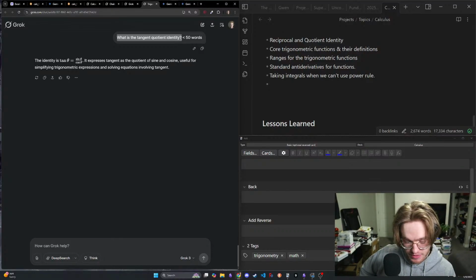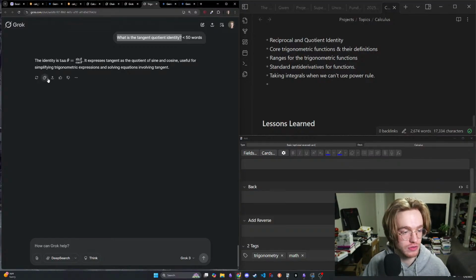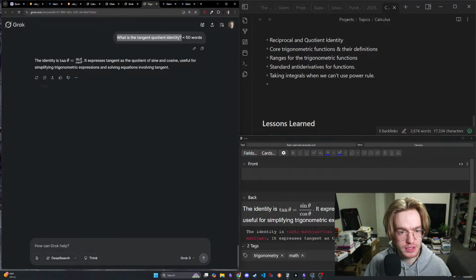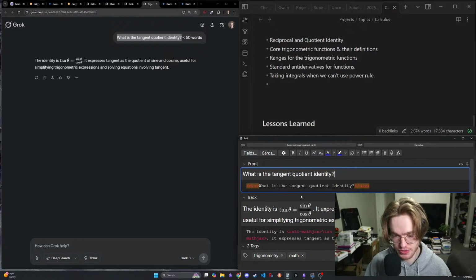And then we also have these quotient identities, which relate cotangent and tangent to cosine and sine. Perfect. And all these will be useful in the context of simplifying these expressions.